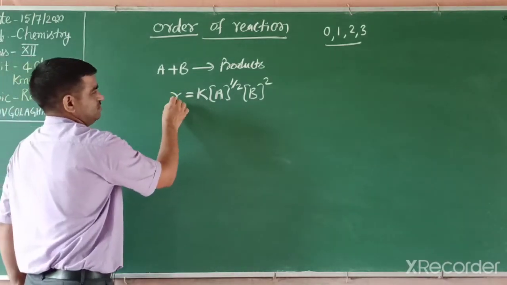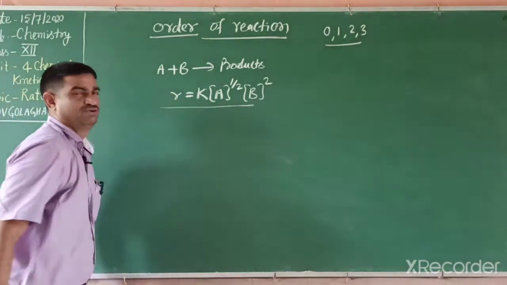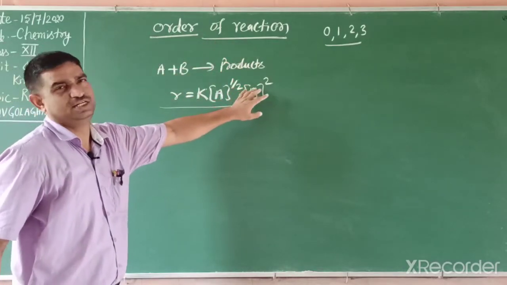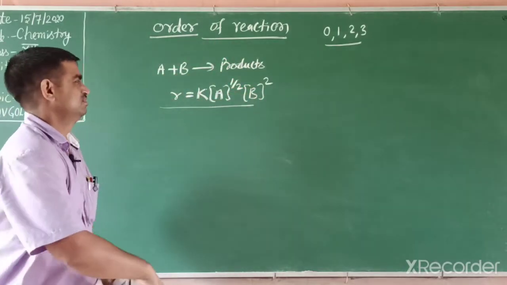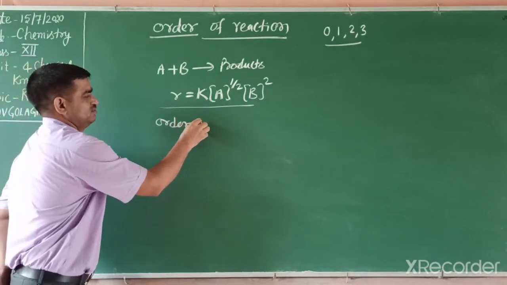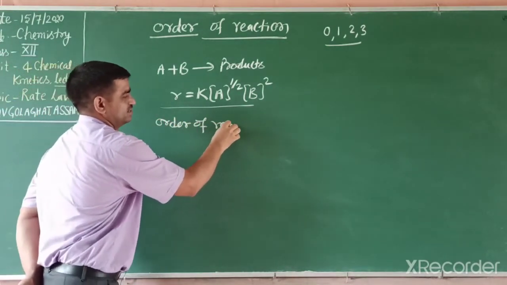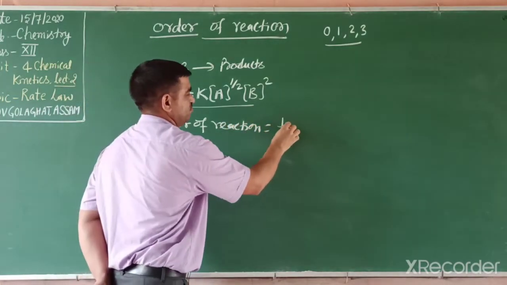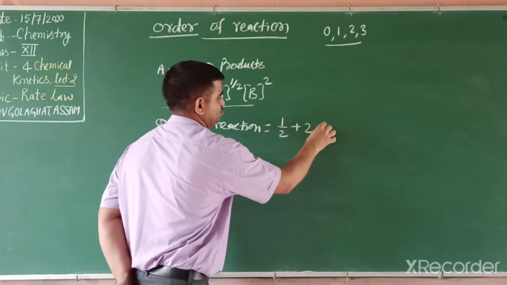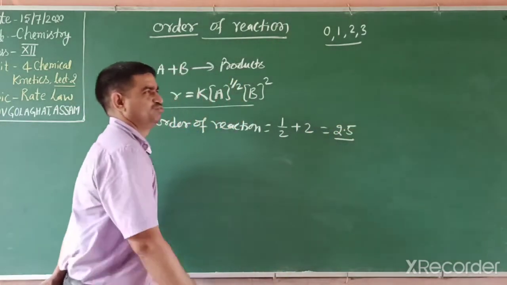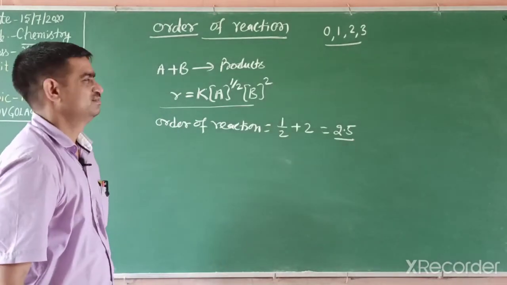So we know that if the rate law is given, then order of reaction is the total sum of the powers of the exponents of the concentrations. So the order of reaction is 1 by 2 plus 2, which means 2.5. So this reaction is of 2.5 order.